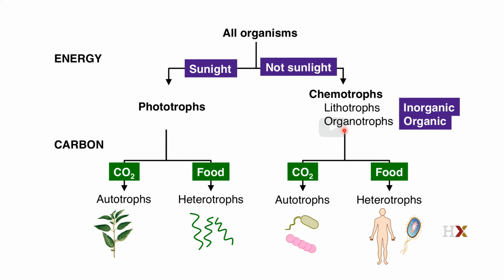The other one is the organotrophs, and we are organotrophs, right? We are mainly dependent on organic food, organic material, and then we are converting it into usable energy. So that is the classification on the basis of the first key thing, that is the energy.